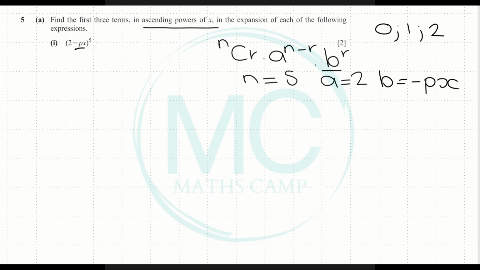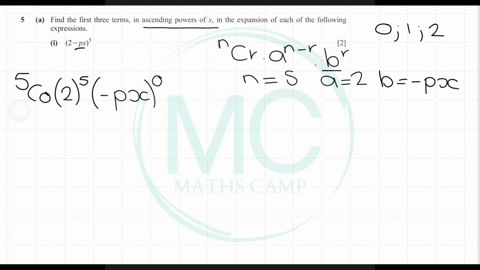So we can start with NCR. N is 5. So we say 5, C, R is 0. Multiplied by A, which is 2, with an exponent of 5 minus 0, which is 5. Multiplied by negative px with an exponent of 0.